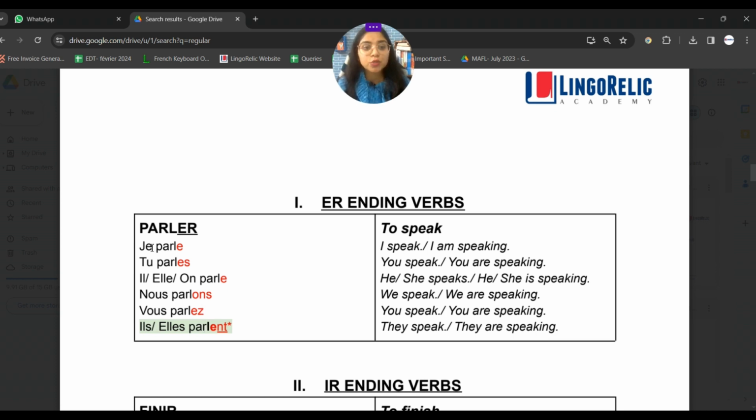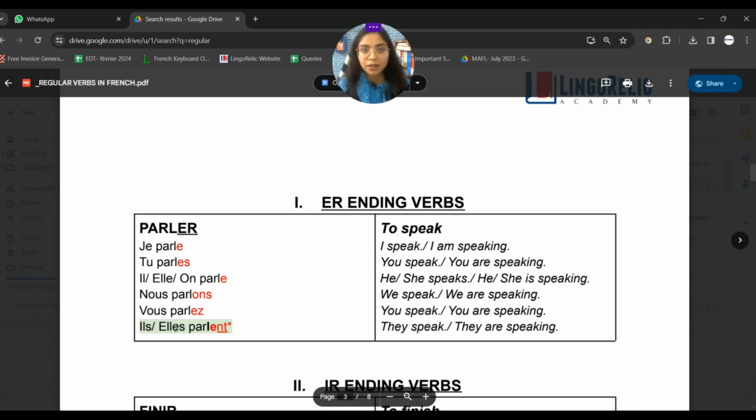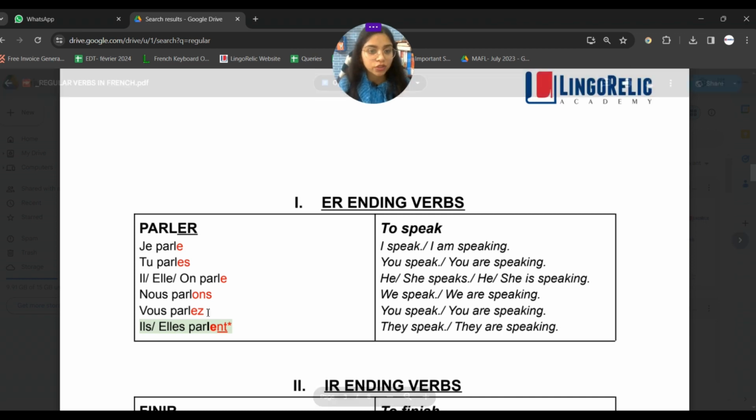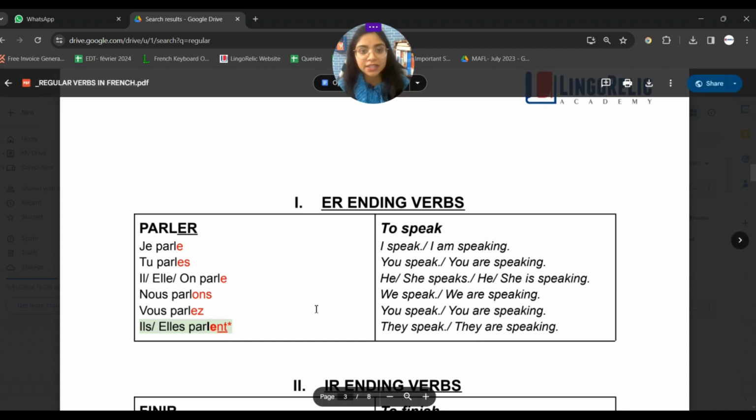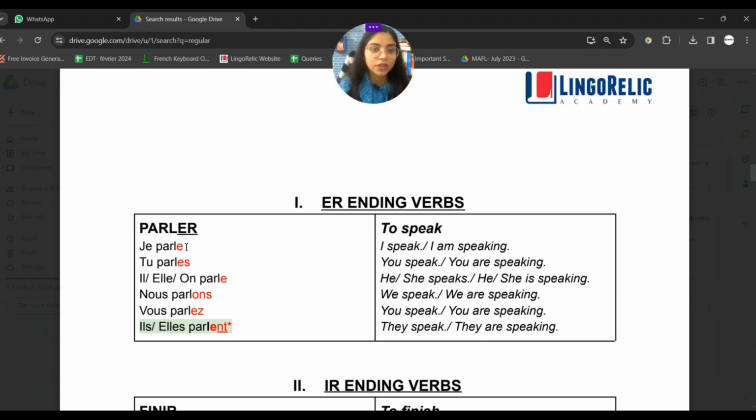Please remember to put the pronouns in the same sequence and not alter it, otherwise your endings will fall in the wrong sequence. Hence, you put them as je, tu, il, elle, on, nous, vous, ils, elles. And so you have the radical followed by the same endings I just gave you. Here you have E, this is ES, this is again E, this is ONS, this is EZ, and this is ENT. So let's pronounce this together and then understand what this means.